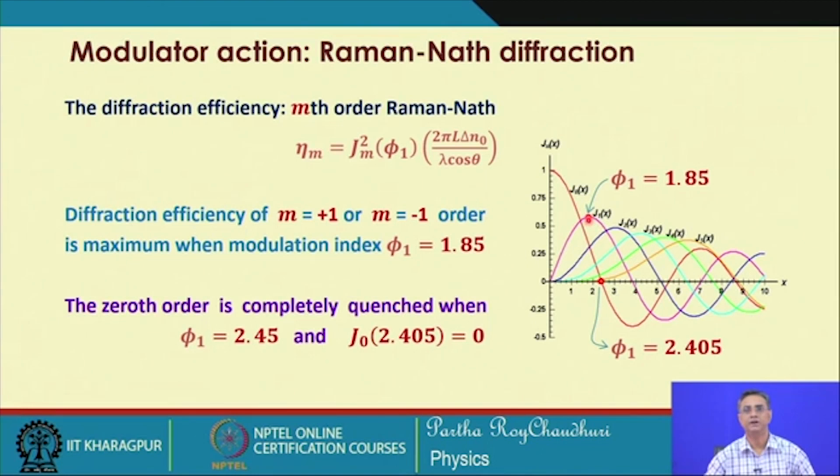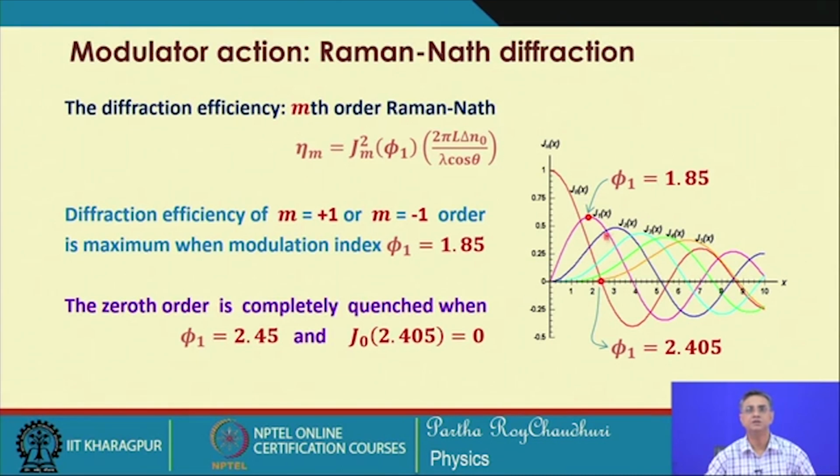At this point the first order diffracted beam will have the maximum intensity, whereas the 0th order diffracted beam will have the minimum intensity.